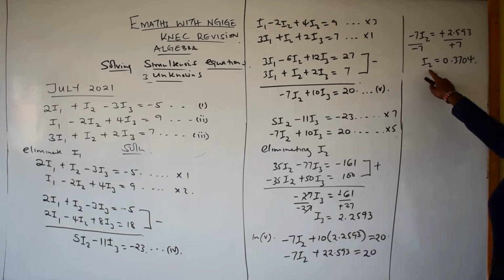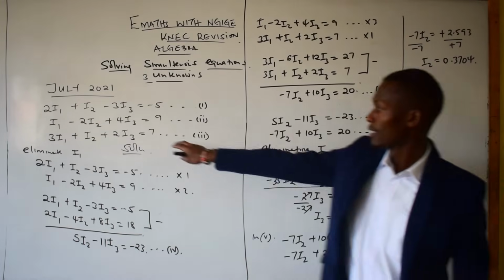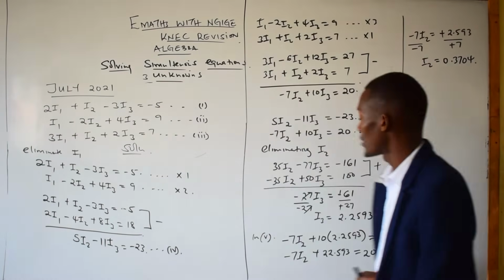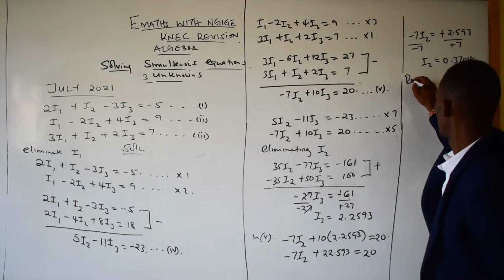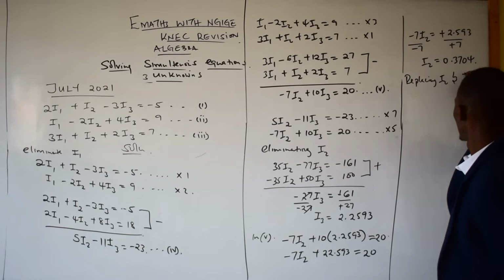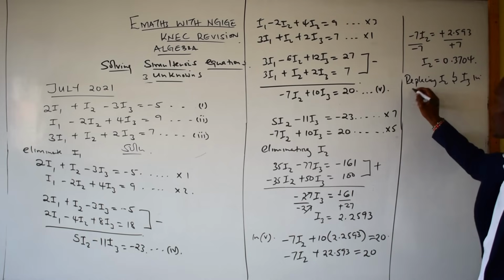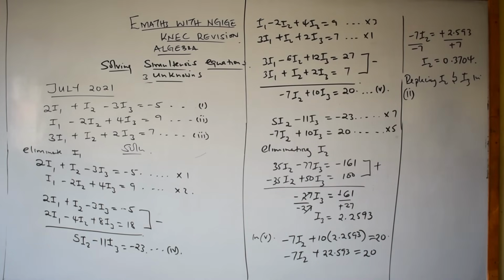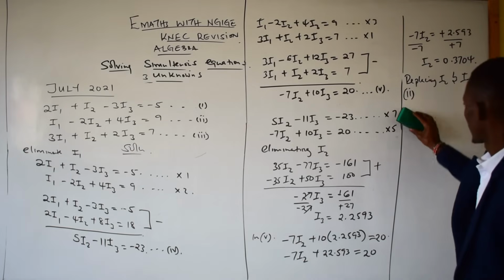Now, replacing your values of I2 and I3 in any of these equations, you can get your value of I1. You can use the second one, replacing I2 and I3 in equation number 2. We can create some space here.